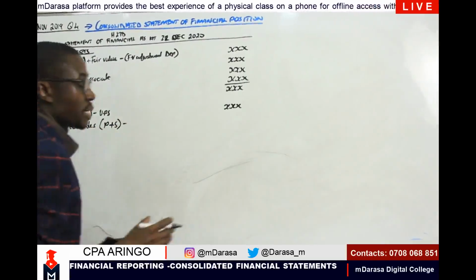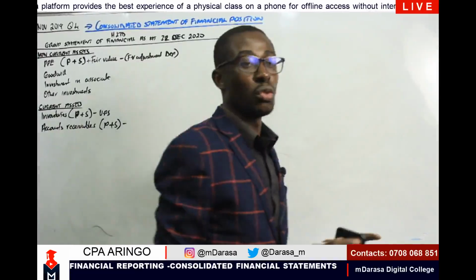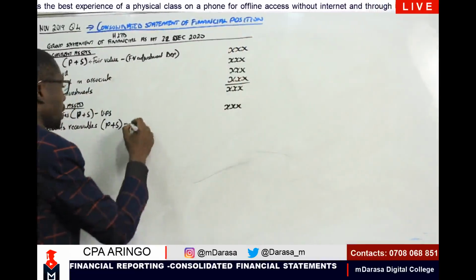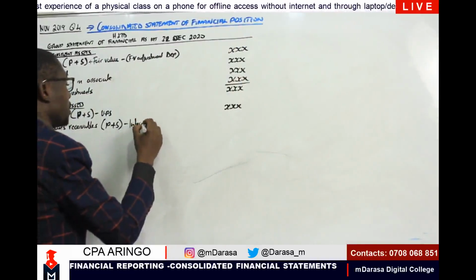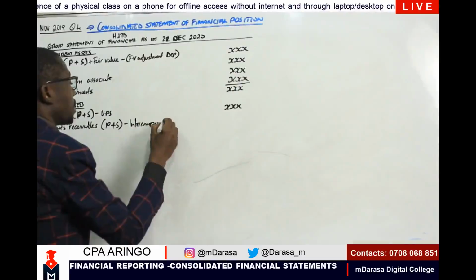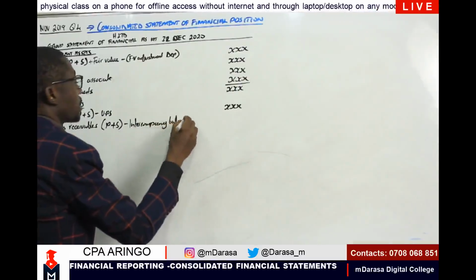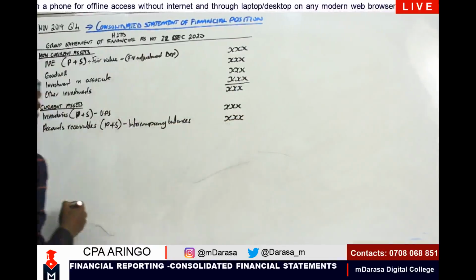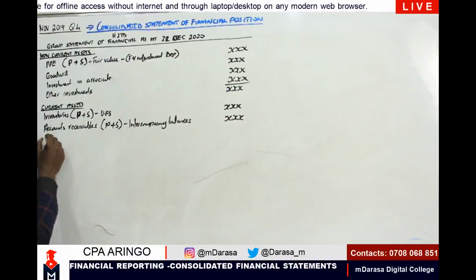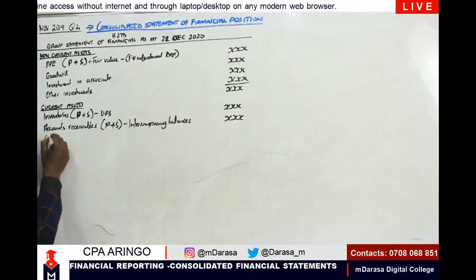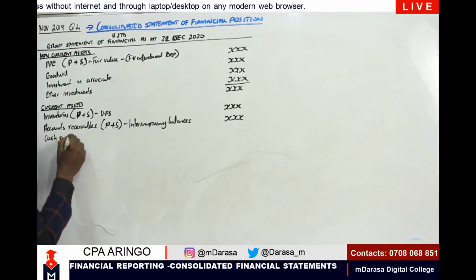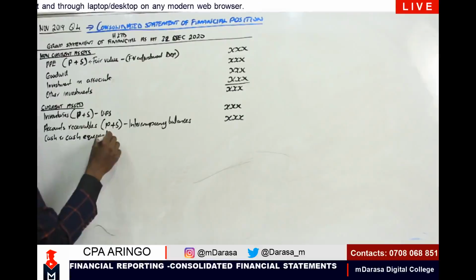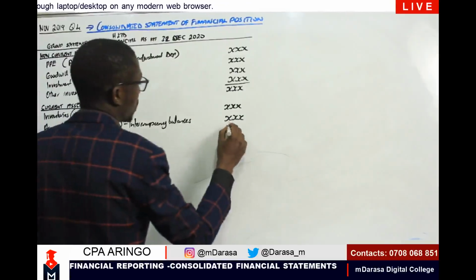We less any component to do with intercompany balances. We have it there. Then come and talk about maybe cash and cash equivalents. Have it at that point.